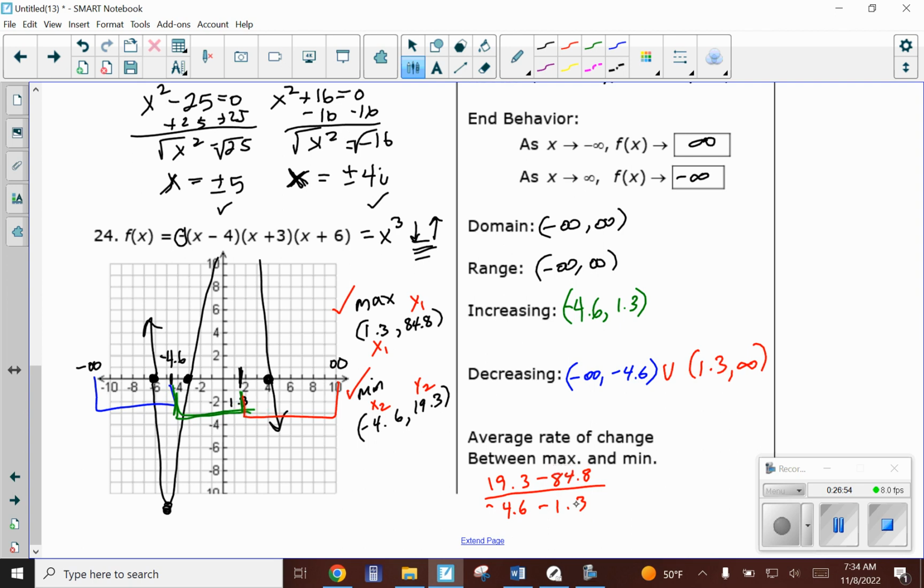So I'm going into my regular calculator and hitting the ABC button. 19.3 minus 84.8 on the top. And then down at the bottom, we're doing negative 4.6 minus 1.3. So this answer is approximately about 11.1. And that's our final answer.